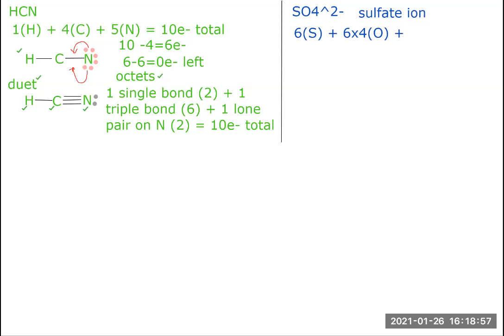They will have to be added inside here, so plus 2 electrons from that negative charge. So 5 times 6 is 30 plus 2, it's 32 electrons in total for this structure.